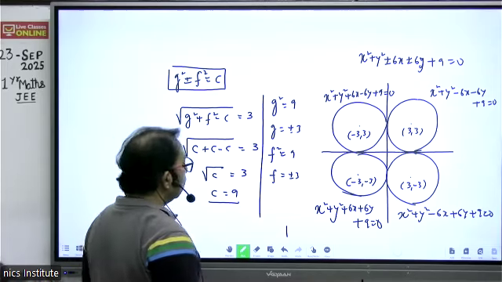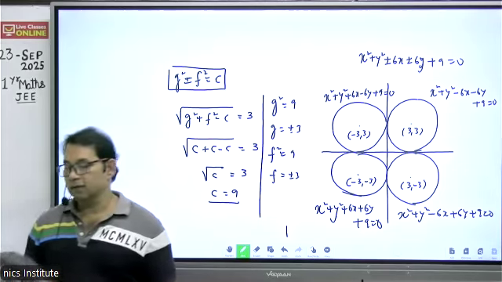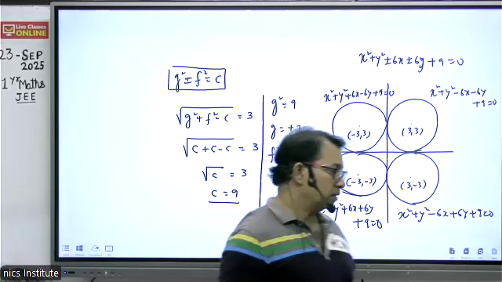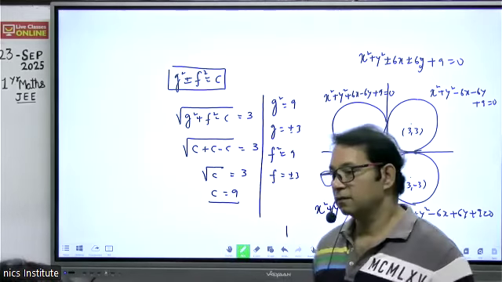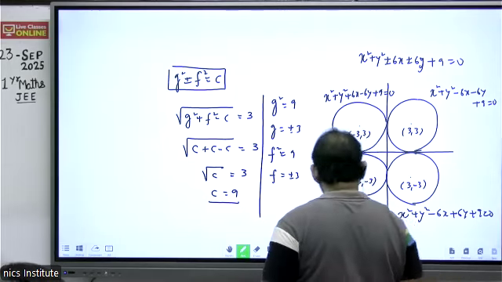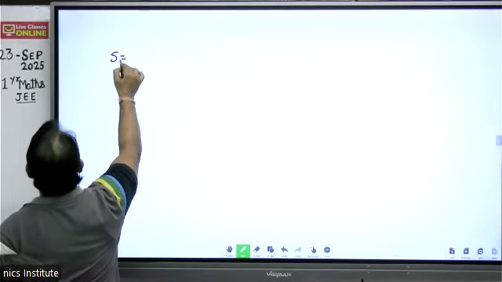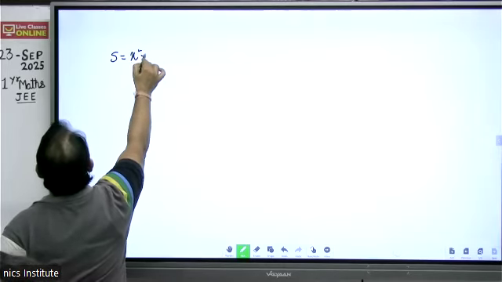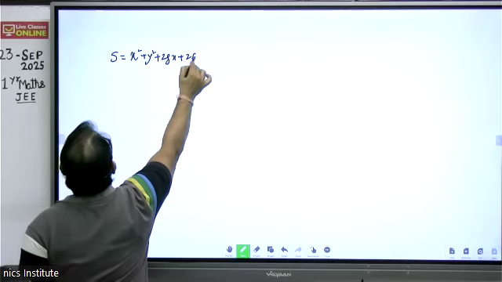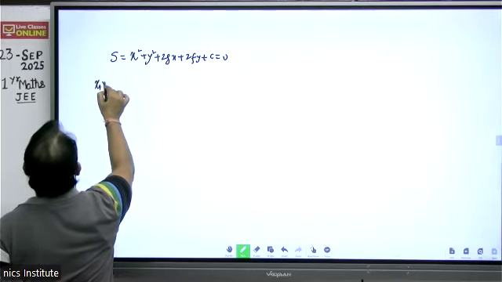Next is position of a point with respect to a circle. Suppose we have now on any conic section, write S: x² + y² + 2gx + 2fy + c = 0, and there's a point (x1, y1).